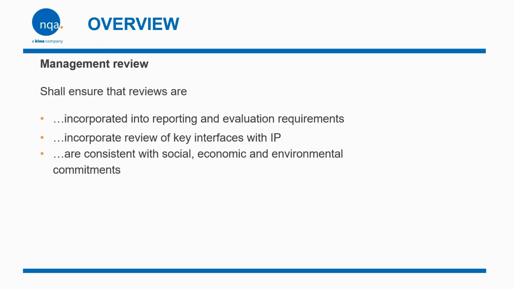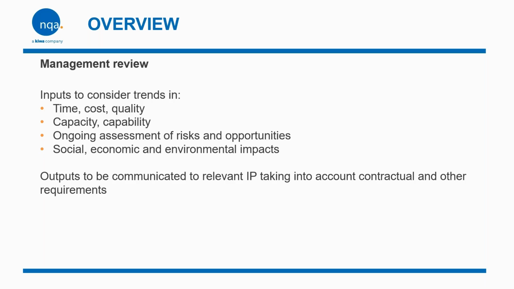Management review, again, incorporating reporting, evaluating requirements, incorporating review of key interfaces to interested parties, and being consistent with social, economic, and environmental commitments. So, inputs to management review: it's considering trends in time, cost, and quality, tracking how the core projects are performing over time to identify improvements and issues. You have to review resource availability.